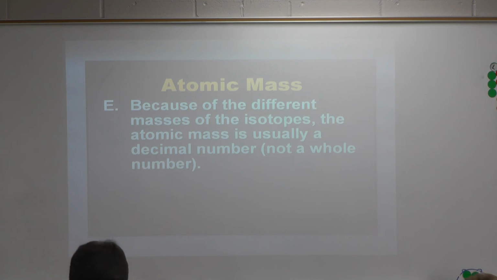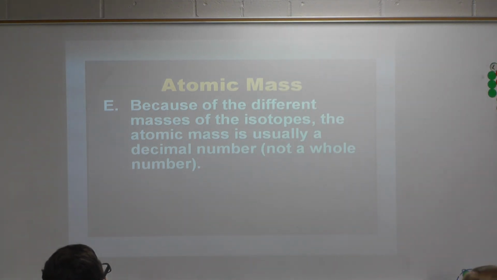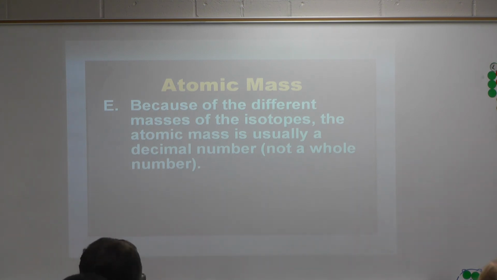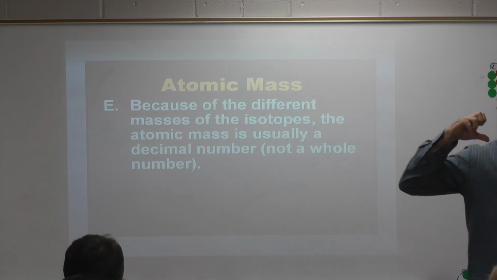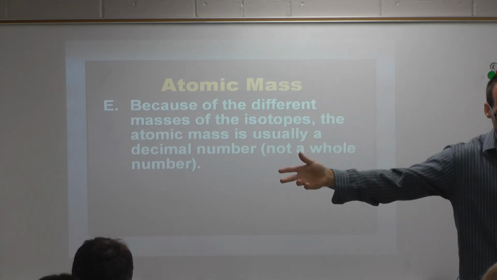If the elements on the periodic table only had one isotope form, or all had a set number of neutrons, the atomic mass number up here on the periodic table would all be perfect whole numbers. But they're not. And the reason why they're not is because different isotopes have different numbers of neutrons, so therefore each of the different isotopes has a different what?